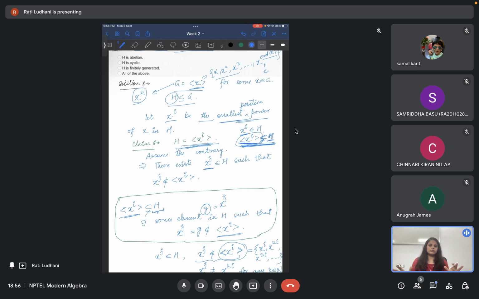So we have taken G, and then there is a subgroup H, and now you have taken the element of H which has the smallest power of x, because all the elements look like powers of x.